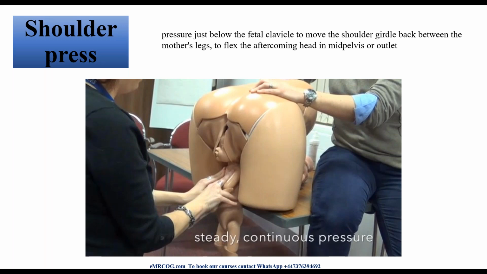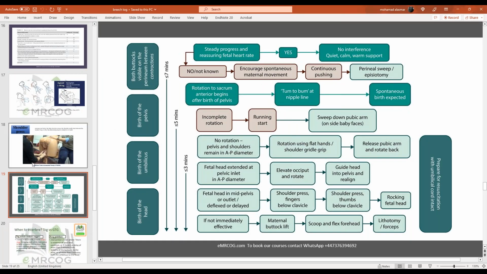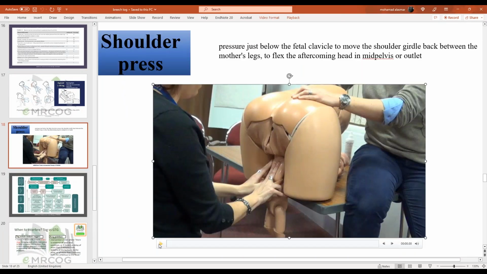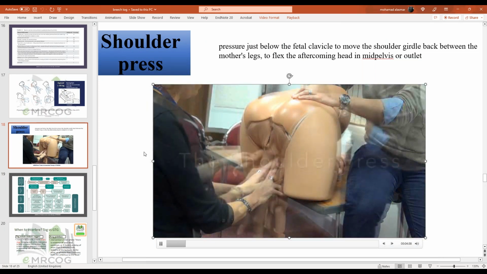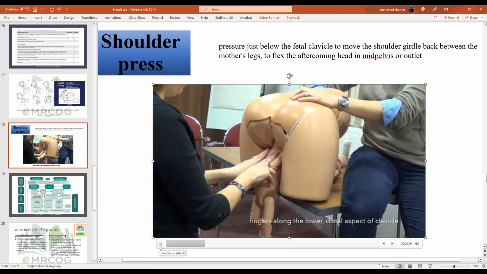So by this action, when you place your finger correctly on the distal part of the clavicle, you are applying a steady pressure, so you are helping delivery of the aftercoming head.